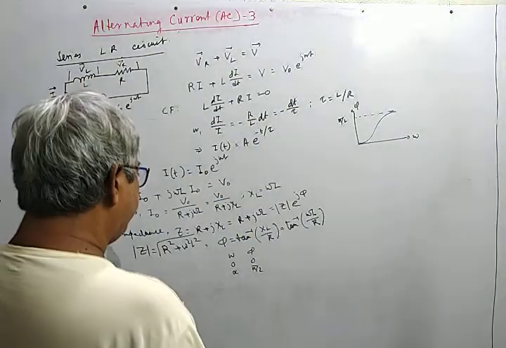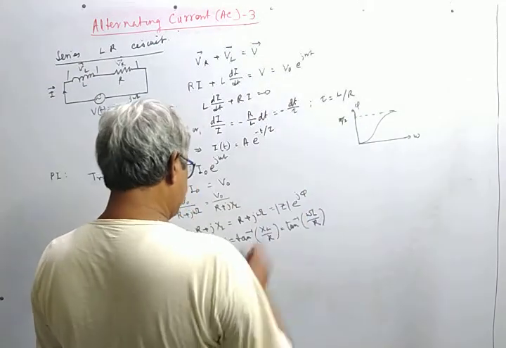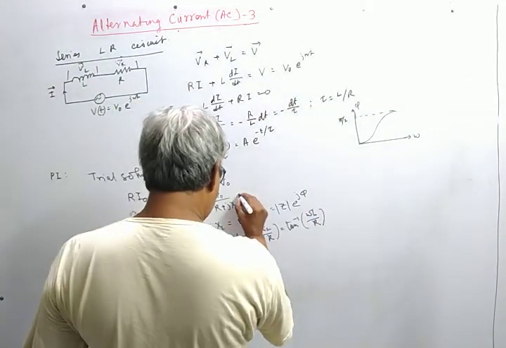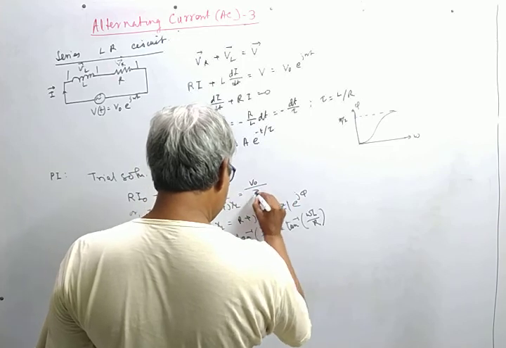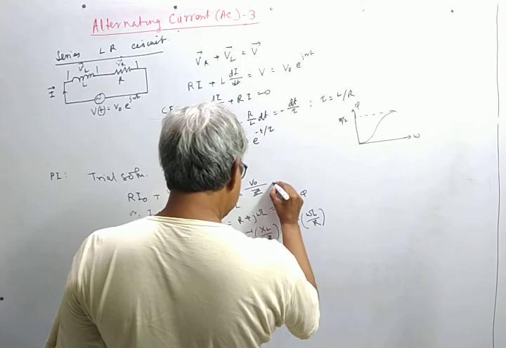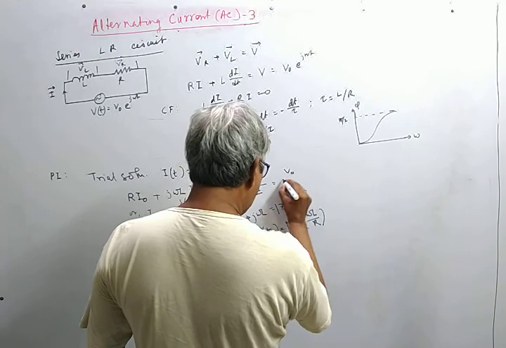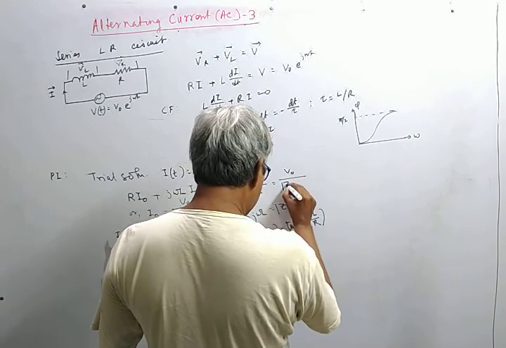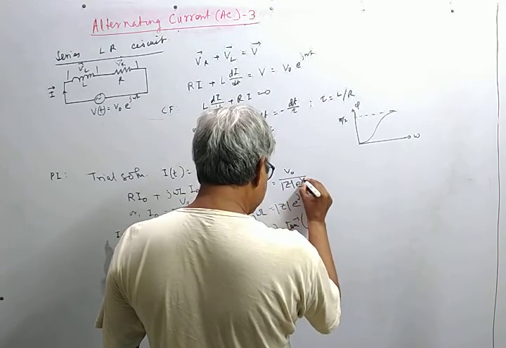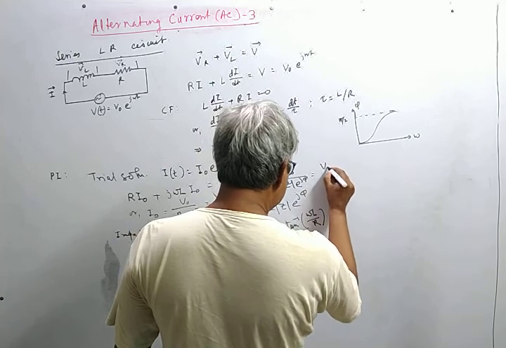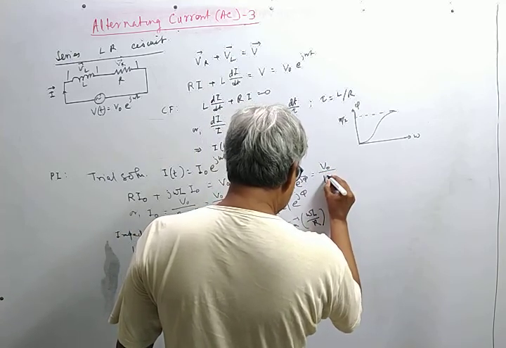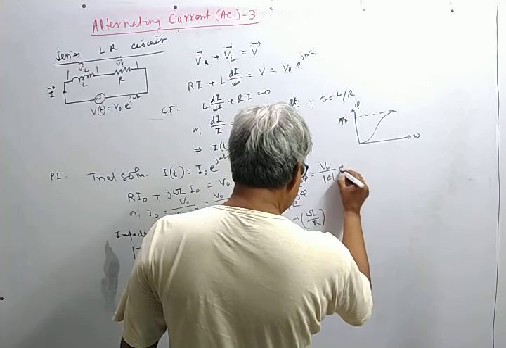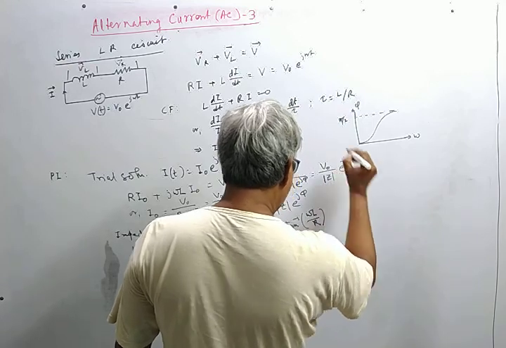Now if we come back to this equation, this can be written as V0 upon Z, which is V0 upon mod Z e to the power j phi. This is V0 by mod Z e to the power minus j phi.